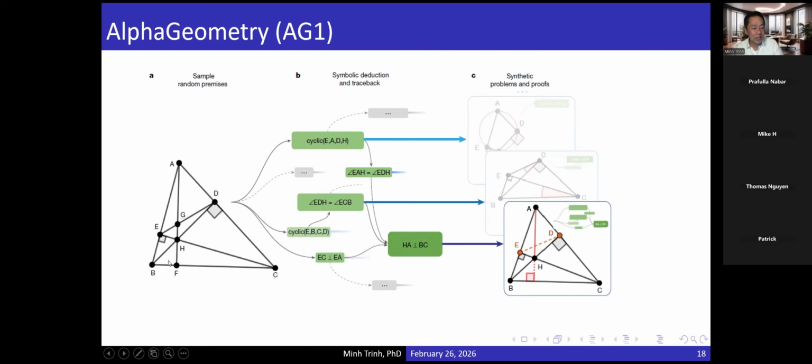So prove that HA is perpendicular to BC, and H is considered like this. In fact, all these things are written in the DDAR language, and you have a symbolic deduction and traceback, right? It tries to deduce all the consequences from this hypothesis. If it doesn't lead to anything, it traces back and reiterates, right? This is how it finds the solution.